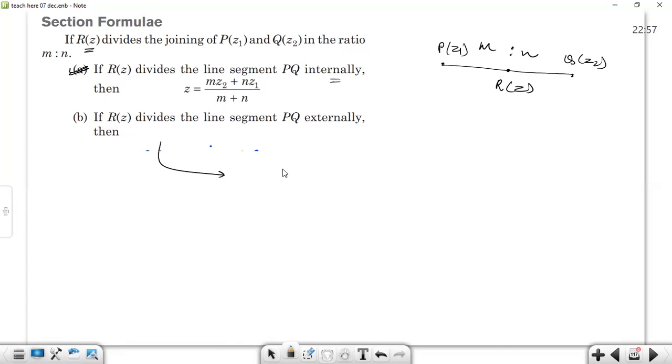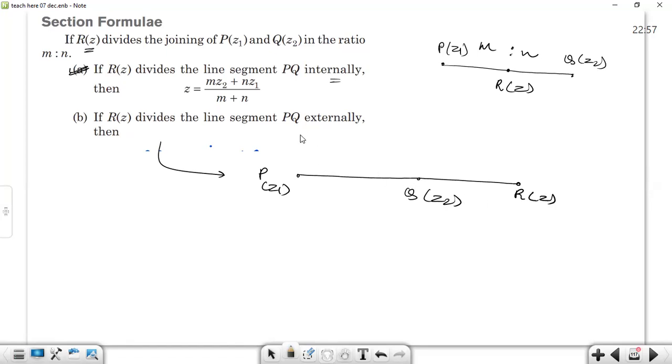Now let's discuss external segmentation. Let's say there are two points P and Q. P represents the Z1 complex number, Q represents the Z2 complex number. On this particular straight line, there is another point R which represents the Z complex number.